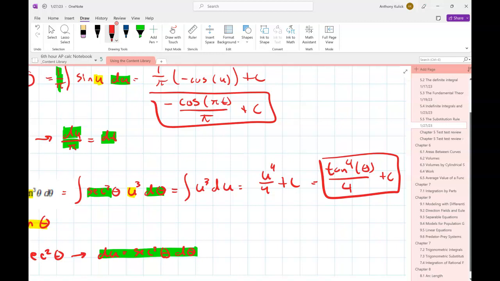So again, if you're doing this and you're having to do a chain rule or a product rule when differentiating your u, you probably picked the wrong u. More often than not, it's going to be simple to do that derivative. It should be simple because it's probably the result of an easy chain rule.